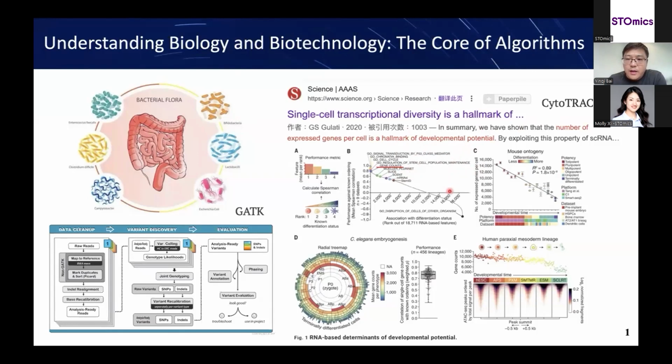So all of the algorithm is only to calculate the correlation between the gene numbers and the potential of the development. It even cannot be said as an algorithm because to calculate the positive correlation is too easy for every bioinformatics analyzer to do.